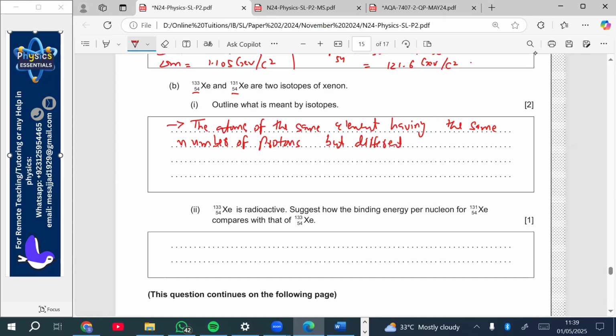Okay. And because of different number of neutrons, you also have different mass number, or different mass number, you can also say.